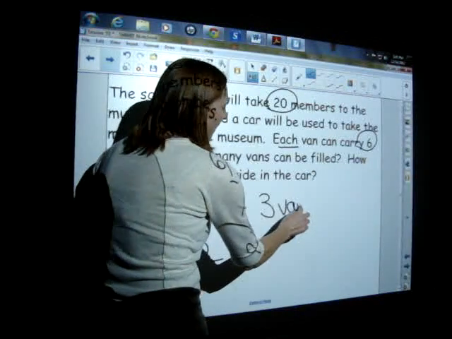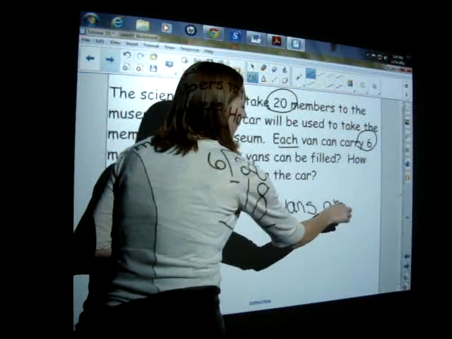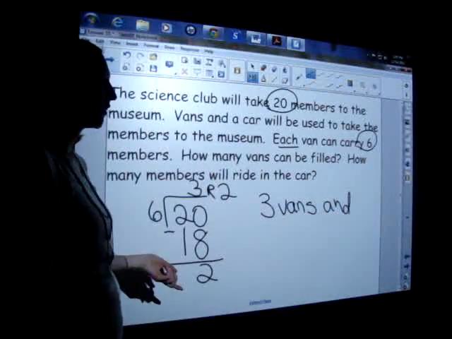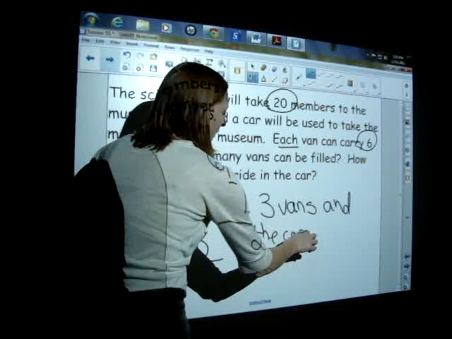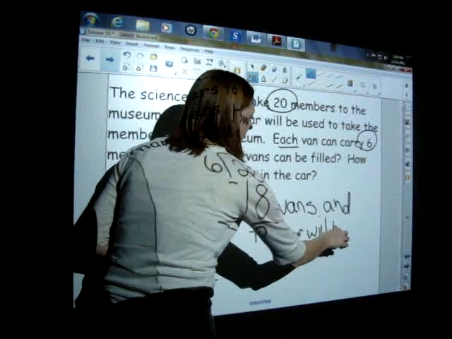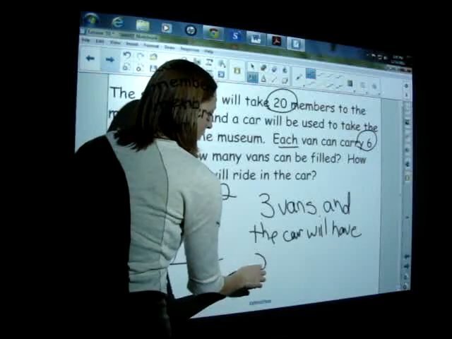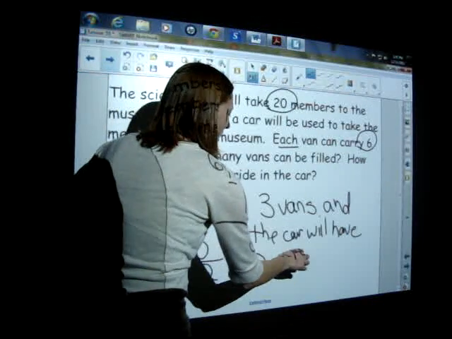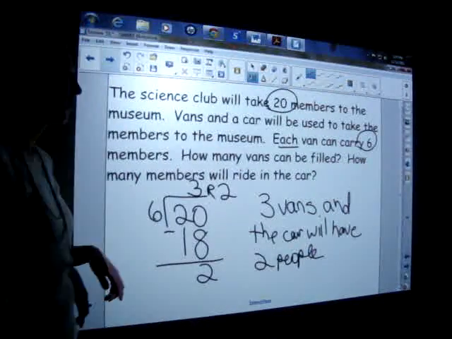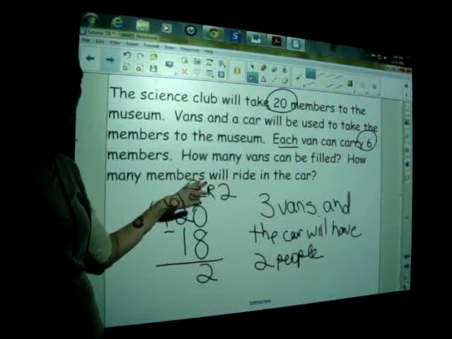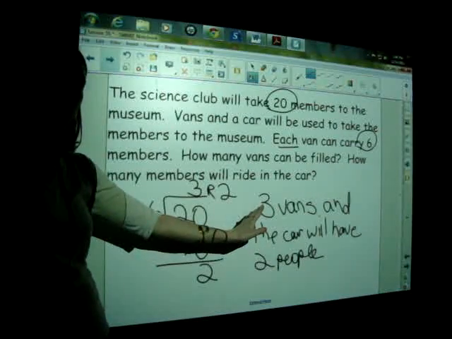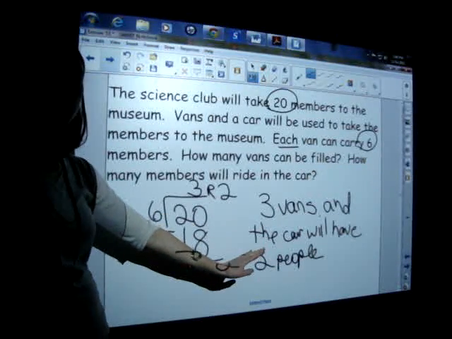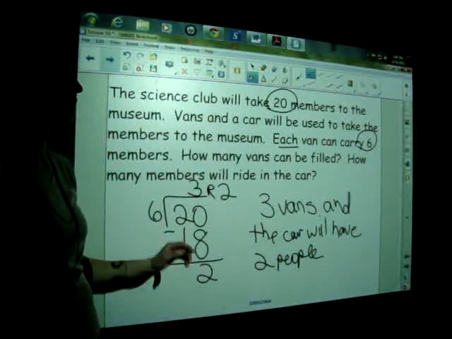We'll say 3 vans. And the car will have 2 people. So we've explained what we get when we divide the numbers and how we use them. 3 vans are full, and the car will just have the 2 additional people.